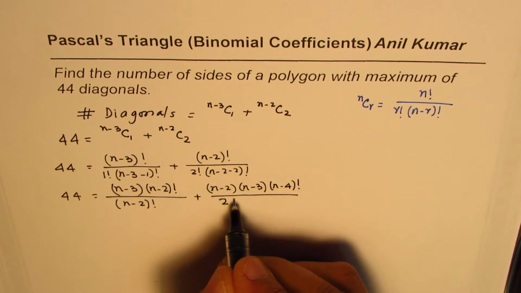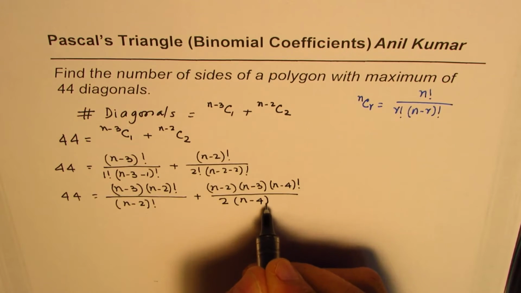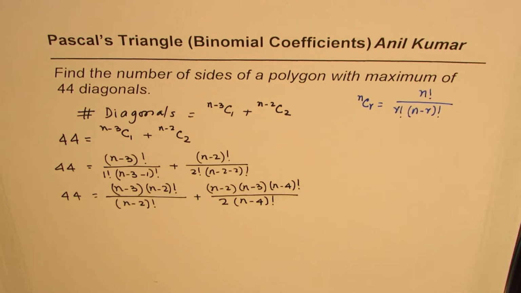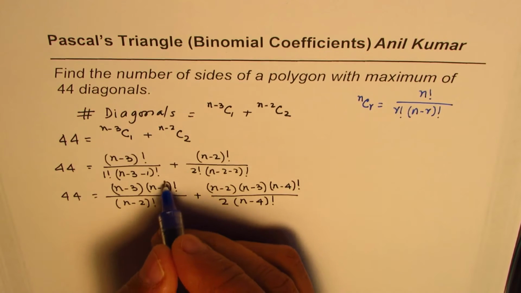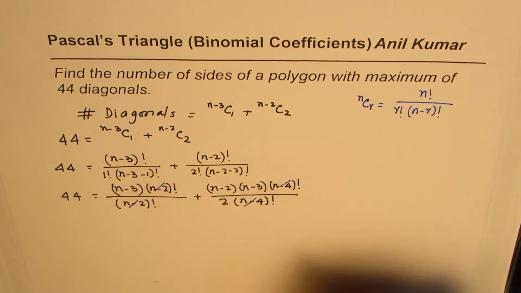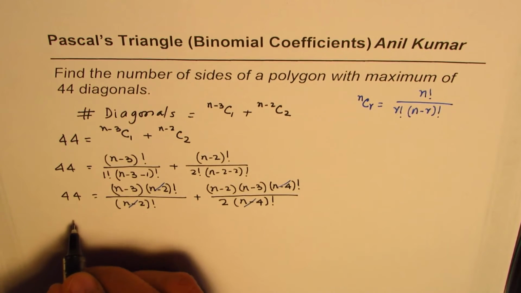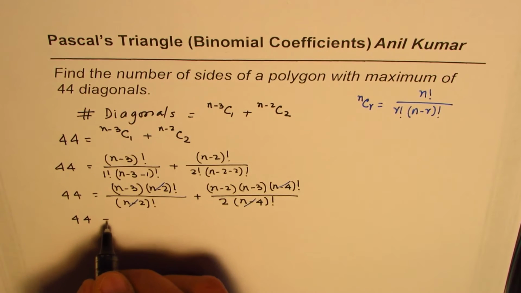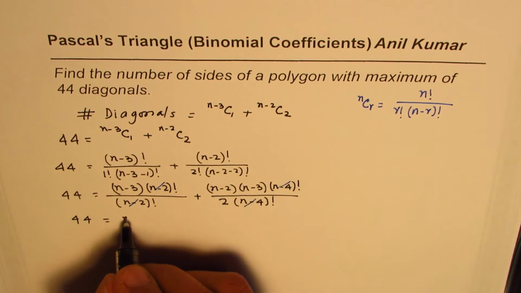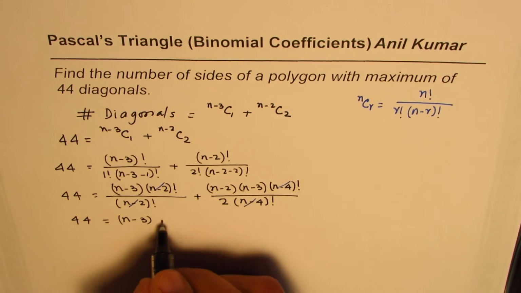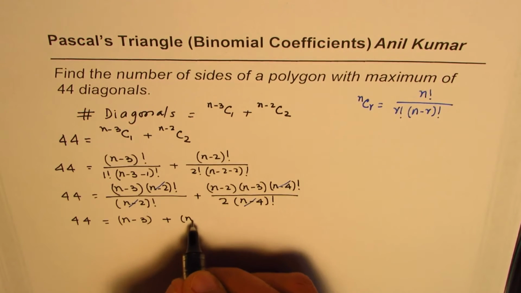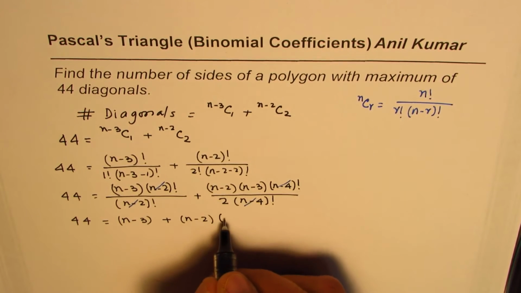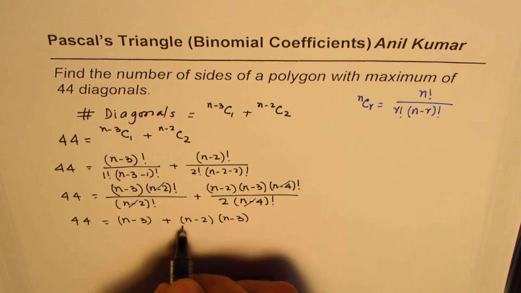Let us simplify this. These terms cancel. So we are left with 44 equals (n-3) plus (n-2) times (n-3) divided by 2.